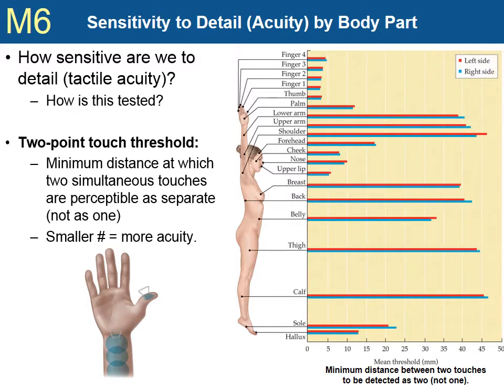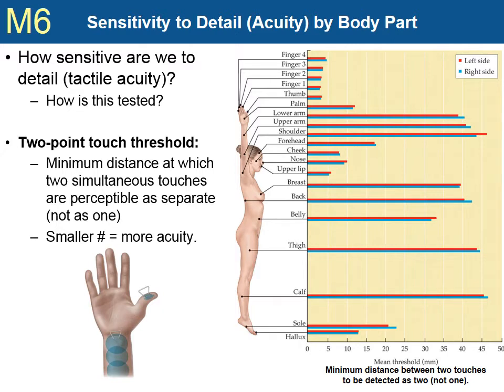Let's look at the areas that are most sensitive to detail, as measured by the 2-point threshold. Now we see that the fingers and thumb are the most sensitive, followed closely by the upper lip, cheek, nose, and big toe.